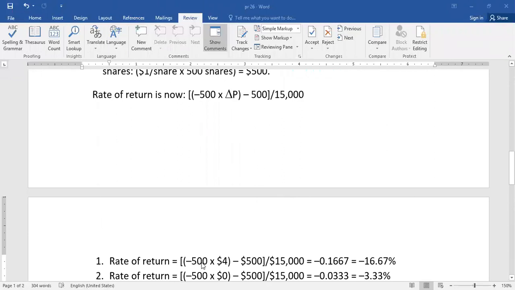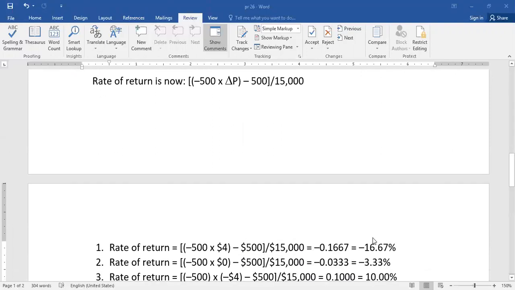So here we go. Minus 500. I've shorted 500 shares. I multiply that by the $4 increase in the price, minus the $500, the dividend that I have to pay the original shareholder. And I divide that by $15,000, which is my initial margin. So I get minus 0.1667, which is minus 16.67%.